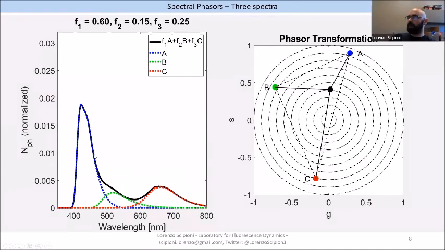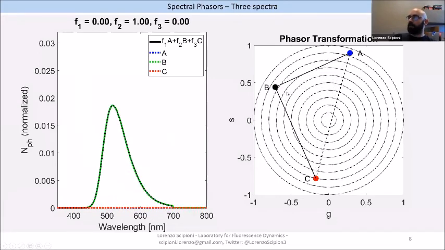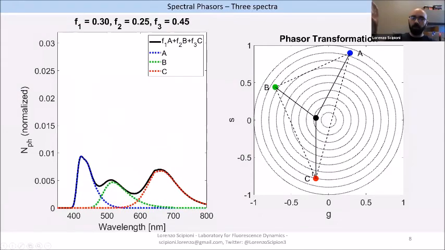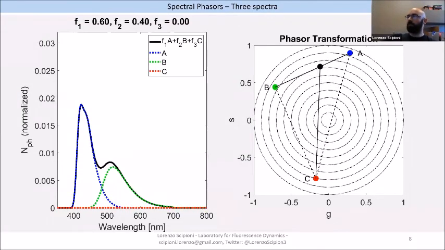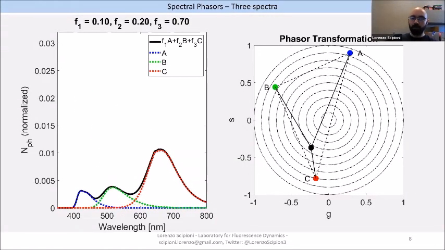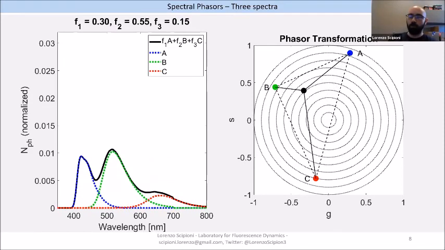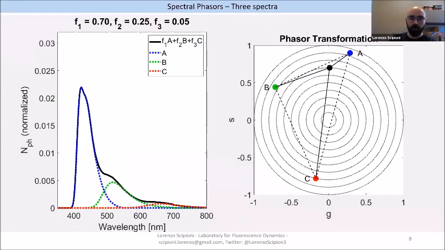And as you can see, with different contributions from the different spectra, the final combination will be somewhere inside the triangle that's described by the pure components of the spectra. So having the 3 spectra, you can immediately do a spectral unmixing in real time, which is very computationally efficient and actually works better than most unmixing methods.